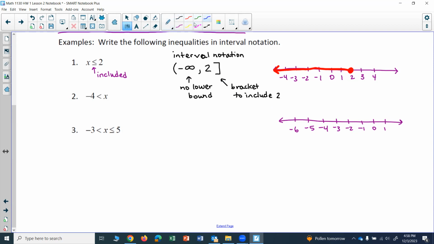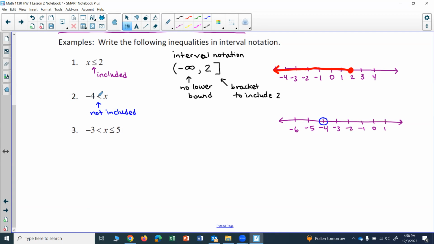And we have -4 as our endpoint, but it's a strict inequality. It's strictly less than. So I'm going to go ahead and put a hollow dot at -4. Because it's a strict inequality, I know that that endpoint is not included.